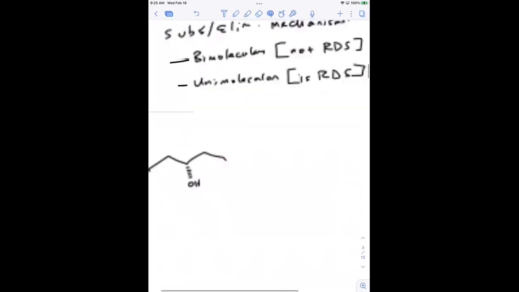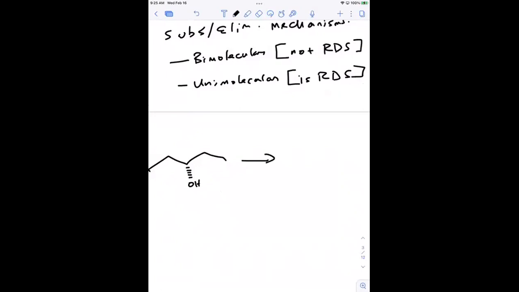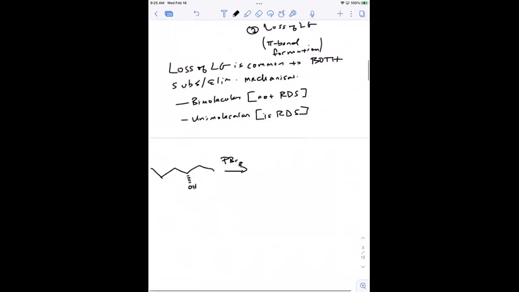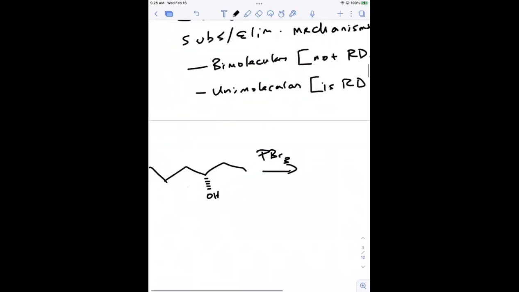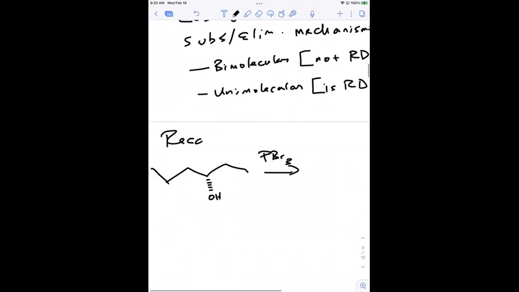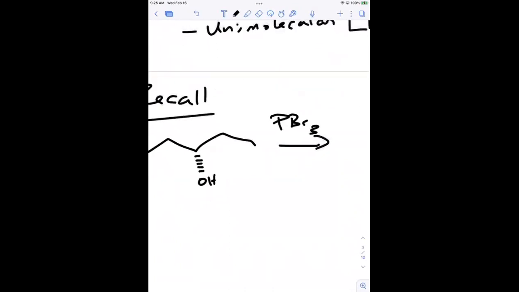All right. So let's take this and treat it with PBr3. What happens? Then the PBr3 attacks the leaving group.